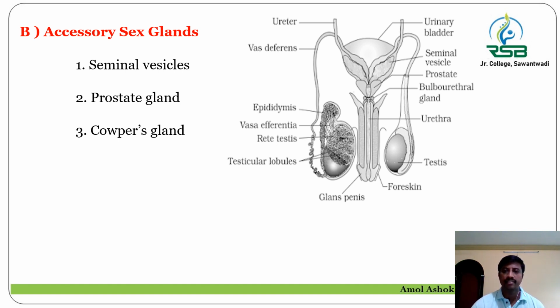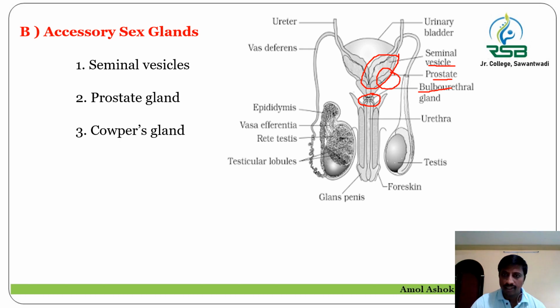Number one, the seminal vesicle. Here it is, the seminal vesicle, and here it is present. Number two, the prostate gland. This prostate gland is present here, and the Cowper's gland, the bulbourethral gland, is here.